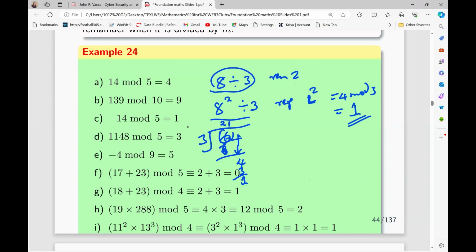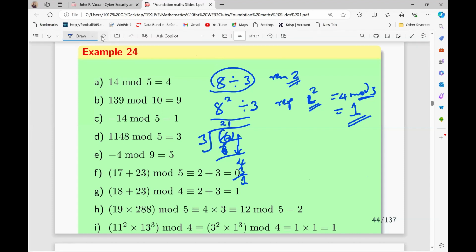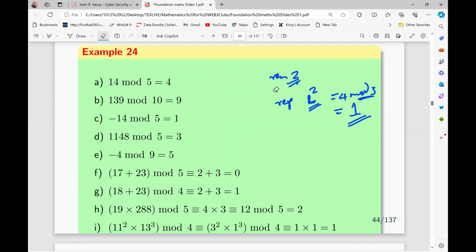And know that the remainder when you square will be the same as this earlier remainder squared and then divided by 3. I think I'll repeat that later if there's somebody who did not get it, after doing example I.